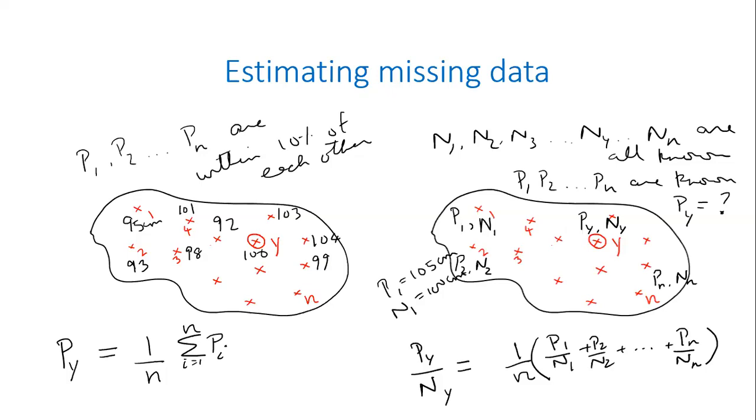In the second method, you take N1 and N2 into the calculation also. In the first method, you looked at N1, N2, N3, Ny to decide whether to use this or not, but you did not use it in the calculation. The second method is slightly more sophisticated because you are using an additional piece of information: what is the normal rainfall and what is the rainfall received this year?